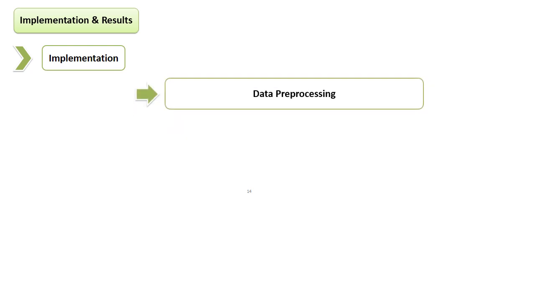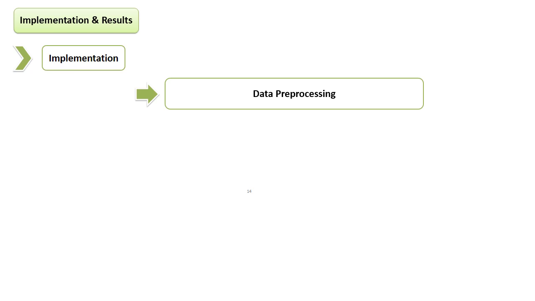Now let's discover the main steps of the implementation. As the first step, we have data pre-processing. The images were resized to a standardized dimension and converted into NumPy arrays. We have data splitting.